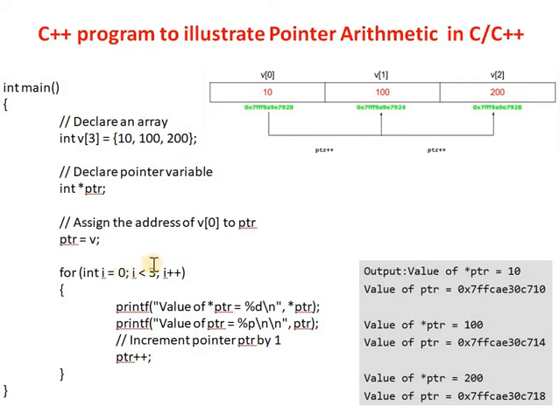Then the condition checks whether i is less than 3, because the size of our array is 3. For accessing the array elements one by one, the counter i is incremented by 1.